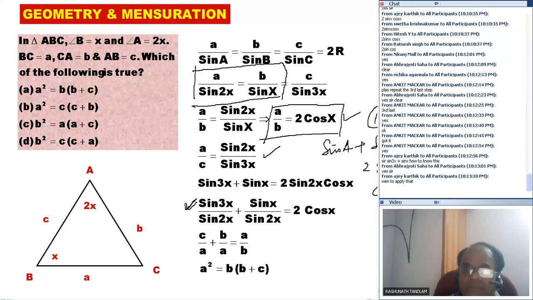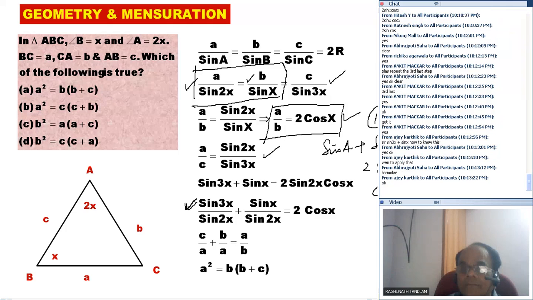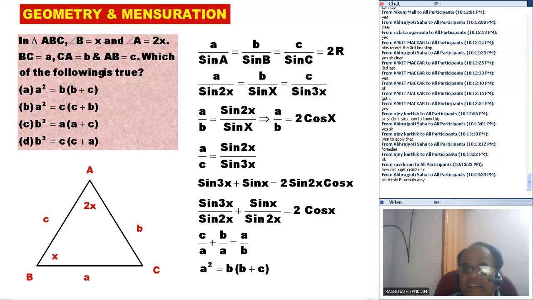Remember, I have an expression a by sine 2x, b by sine x, c by sine 3x. I don't think it's possible without using a trigonometric formula. I'm saying in the CAT, they have started using these.